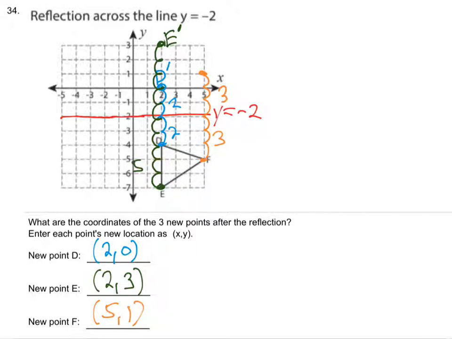Oops, I forgot to label that last one. This is the new F prime. There we go. All right, so let's label them. Boom, boom, boom. There it is. We reflected that triangle. It looks like a mirror image across that line y equals -2. We reflected it right over there. Okay, and we got all the coordinates, right? You have all 3, good.